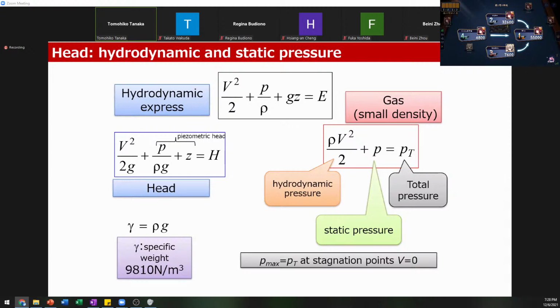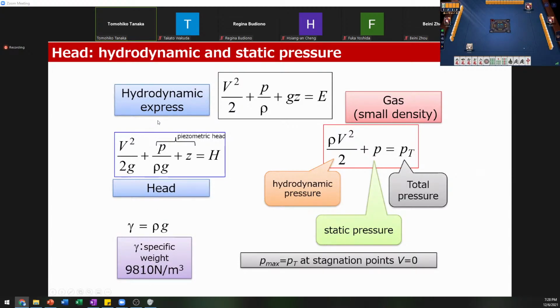So let's review the hydrodynamic and the static pressure. There are several expressions.